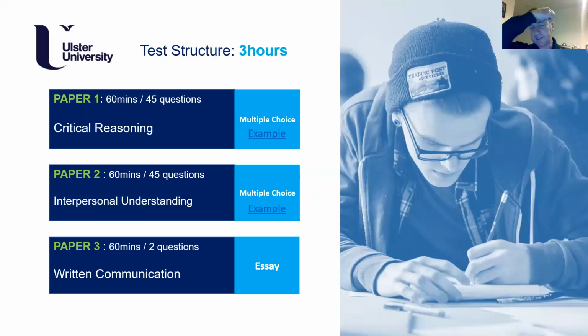So the structure of the test is a 3-hour exam. The first 2 parts are multiple choice, so there are 45 questions, and you have information to read through. You'll get A, B, C, or D, and only one of those is going to be the correct answer. So you're going to mark on it which one you feel is the correct one. Some you might feel straight away it's definitely A, and that's it.